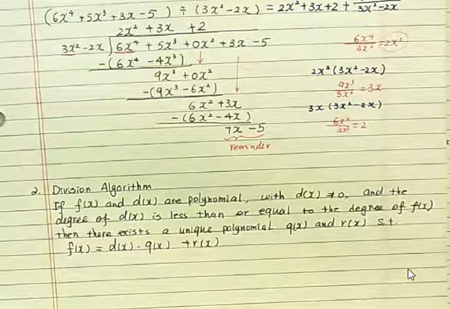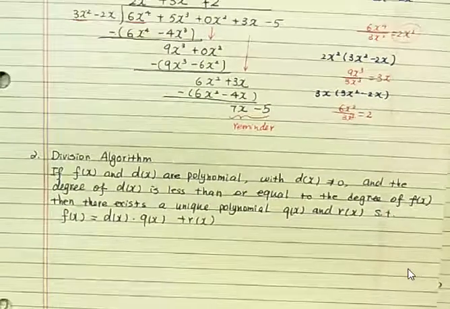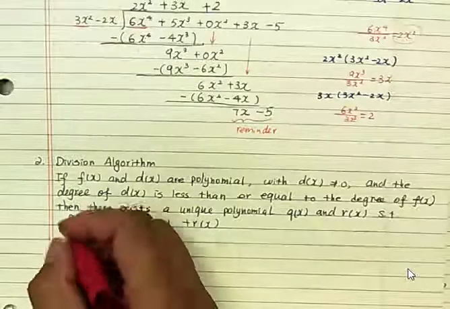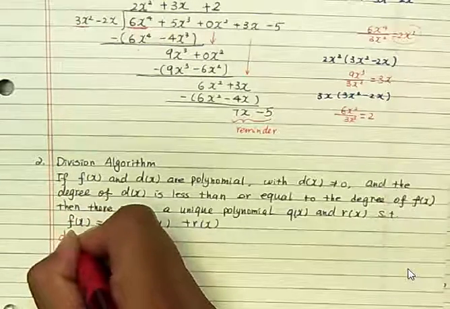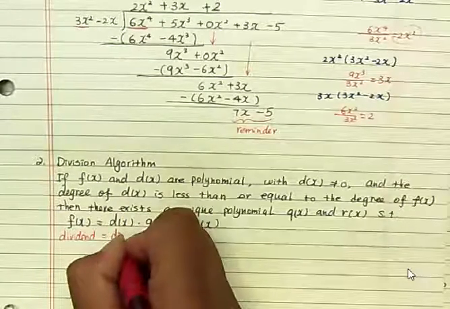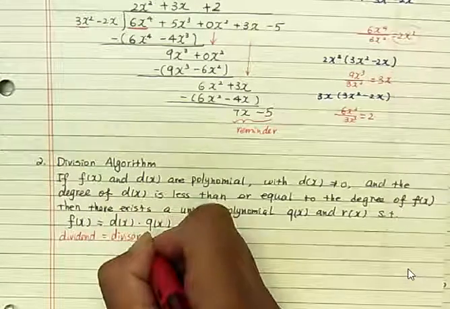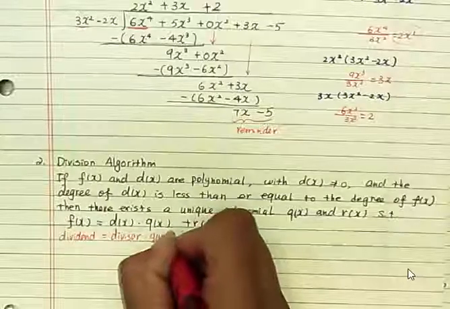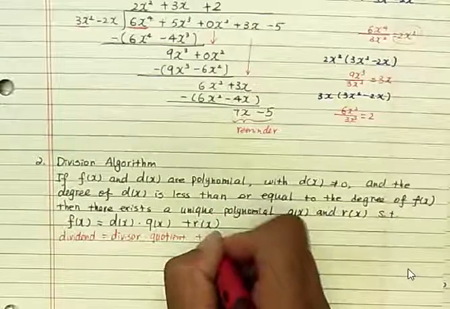How this relates to what we learned in division: we say the dividend is equal to the divisor times the quotient plus the remainder.